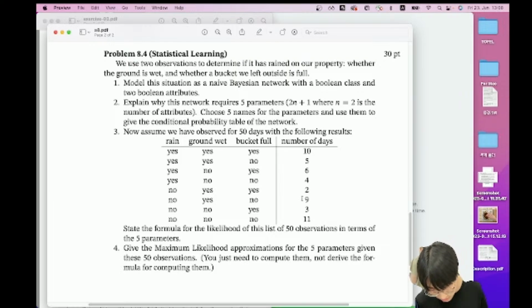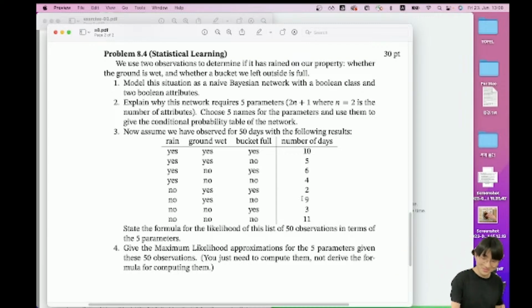And then you continue, so you have it in terms of theta 1, theta 2, theta 3, theta 4, theta 5. Then when you want to calculate the likelihood or the log likelihood, you apply the logarithm and take those out. This is for the candy example. They have a different example here, so you have to calculate them.